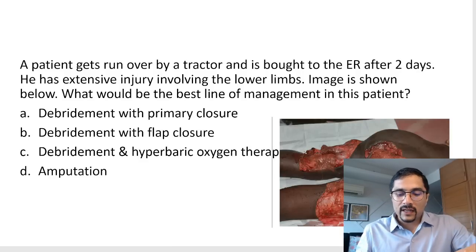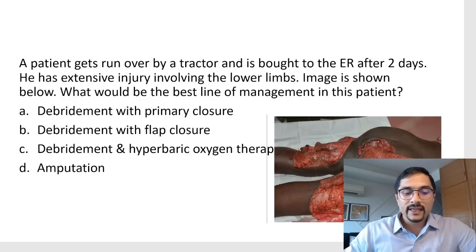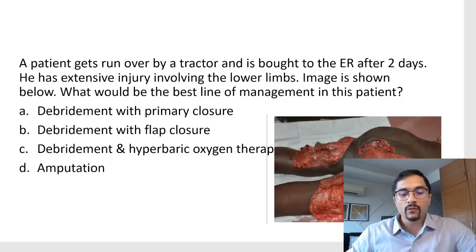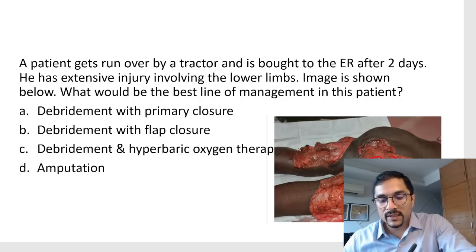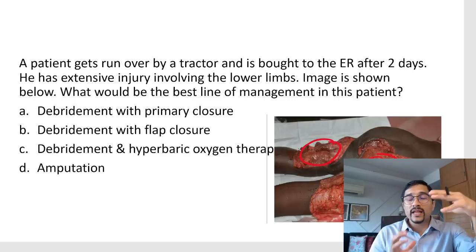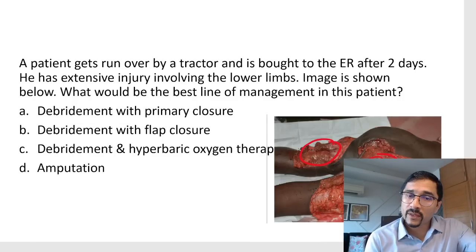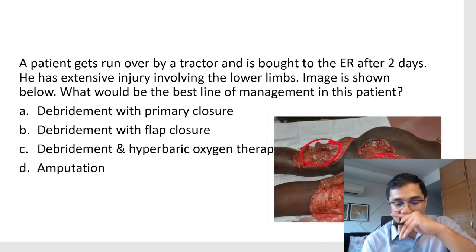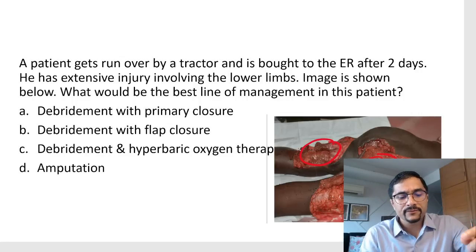A patient gets run over by a tractor and is brought to the emergency room after 2 days. He has an extensive injury involving the lower limbs. Image is shown below. What would be the best line of treatment? So you can see here that all this muscle is now dead. After 2 days, the patient is coming. After 2 days means the tissue is infected. The muscle is dead. So what do we have to do? Debride. And after 2 days, when there is such a big defect, I cannot do primary closure. I cannot approximate the skin because it is infected.